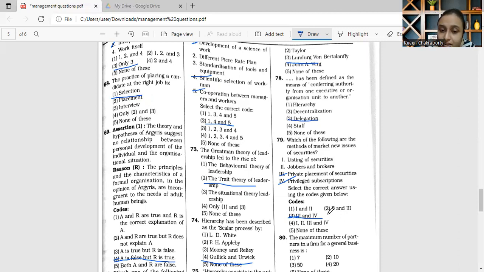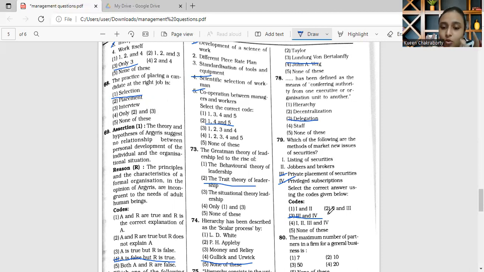So private placement is the opposite of a public issue, in which securities are made available for sale to the open market. Whereas privileged subscription is the issuance of new stock in which existing stockholders are given preference in purchasing the new shares up to a proportion of shares they already own.